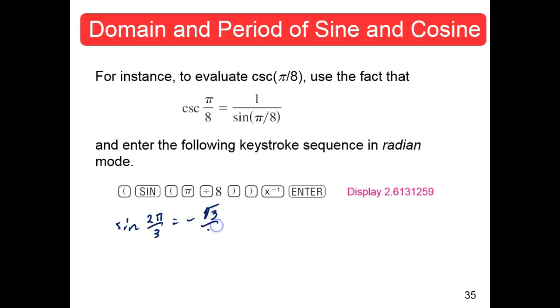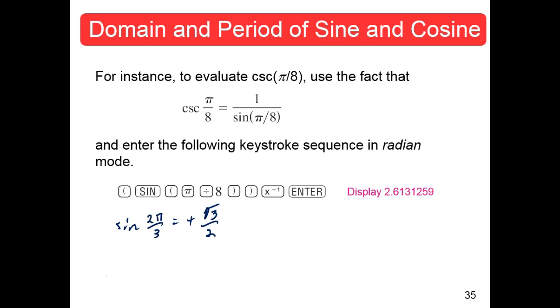Radical 3 over 2, is that what you said? Okay, let's think about it. Sine is the y value, and 2/3 pi is in which quadrant? Second quadrant, and sine is positive in the second quadrant. So I think it's positive √3 over 2. Yeah, that I think is the answer.